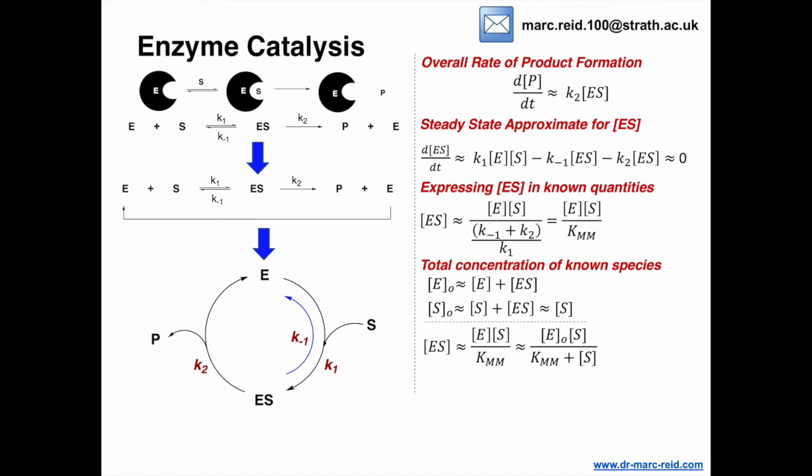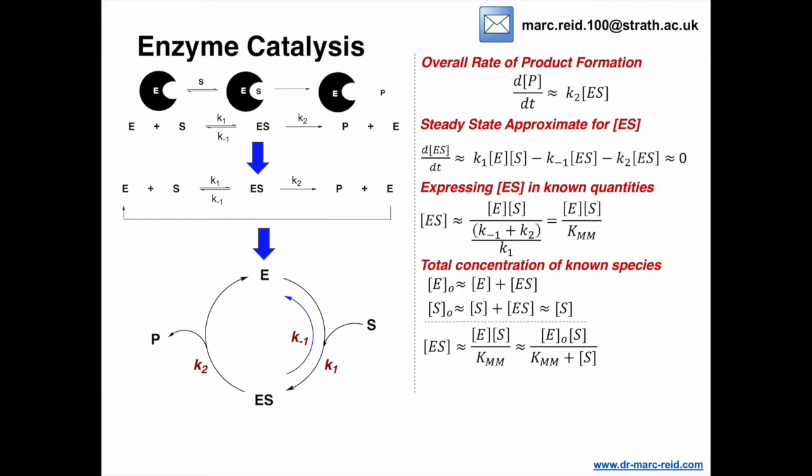Next, we define the total concentrations of the known species, the enzyme and the substrate. So E subscript naught is the total concentration of enzyme, and that's approximately equal to the concentration of unbound plus bound enzymatic species.